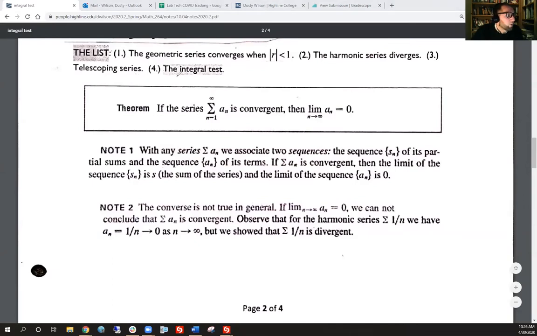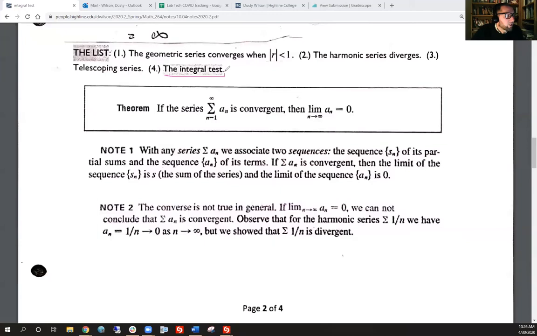And then right here in this section, we've introduced a new test called the integral test. Basically what we're saying is that the integral and the summation share the same fate.